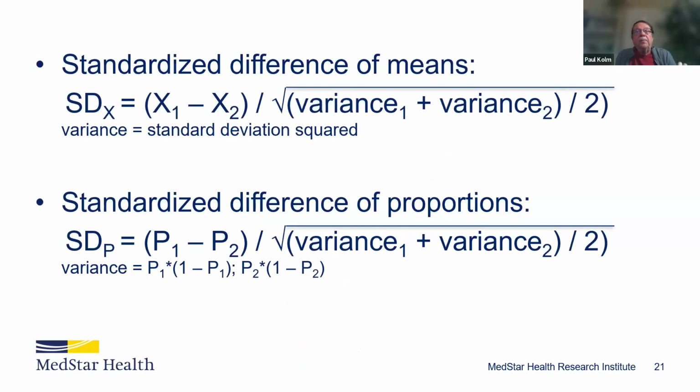And so these are the formulas for a difference of two means or a difference of two proportions, and it's like a t-test, except that the error term is just dependent on the variance, so we have the standard deviation of the difference, not the standard error of the difference. In other words, the formulas here don't have an n in them, so we're not computing a standard error. We're not actually doing a test of hypothesis testing.